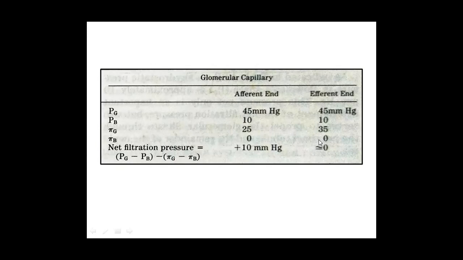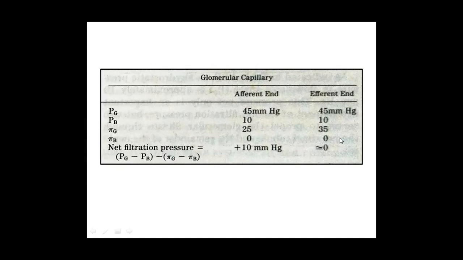So in an ordinary capillary, oncotic pressure remains the same, 25 millimeter of mercury. In the glomerular capillary, it is 25 at the afferent arteriolar end, but at the efferent arteriolar end it is 35, because a huge amount of fluid is transferred. I will show you very soon in a diagram.